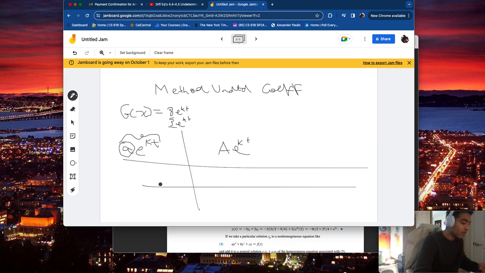And in the case of either a cos or a sine, we will use this.